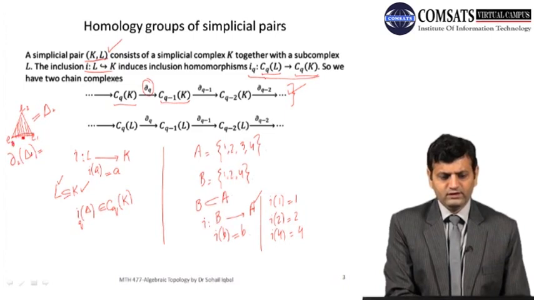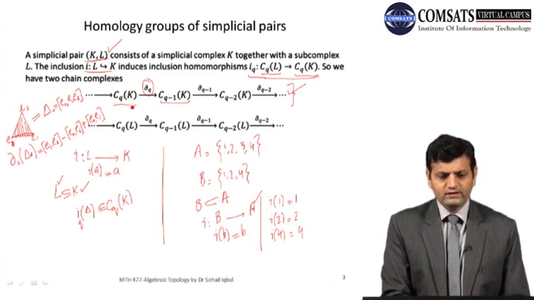Okay, so let's see. This delta 2 is basically equal to E0 E1 E2. So we can calculate the boundary. First delete E0, so we will get E1 E2, and delete E1, we will get a negative sign, and E0 E2, and plus we have E0 E1. So that's how we calculate the boundary of this.